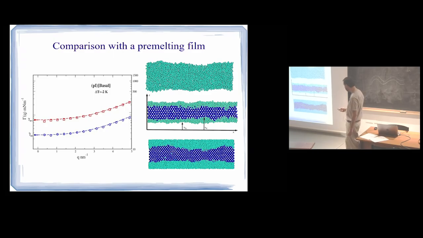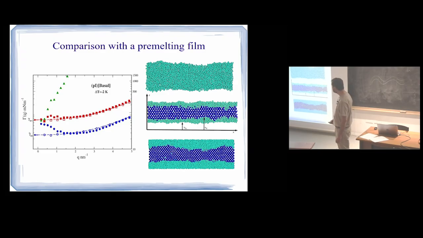Okay? And when I do that, I get this for the film-vapor fluctuations, and I get this from the film-solid fluctuations. So there's one first extraordinary thing: they very much resemble each other up to some wave vector. Okay? Up to some wave vector, they're very much the same. So at small length scales, my pre-melting films behave exactly as the bulk interfaces.